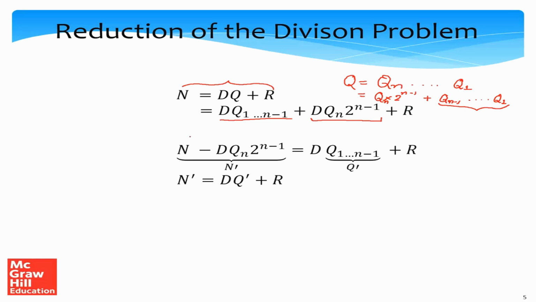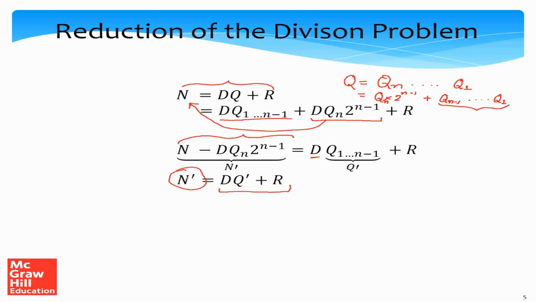Now I can take this term to the left side and have n minus d times qn times 2 raised to power n minus 1 is equal to d times, so let the number formed by the first n minus 1 bits of the quotient be called q dash. So what we'll have is d times q dash plus r. And let me call this term on the left n dash.